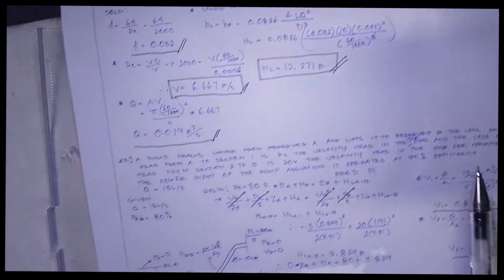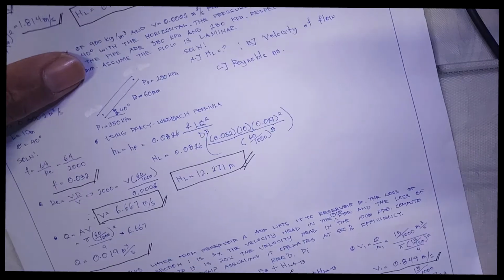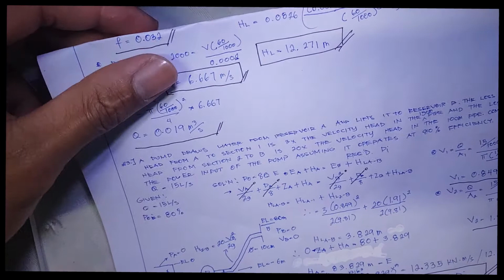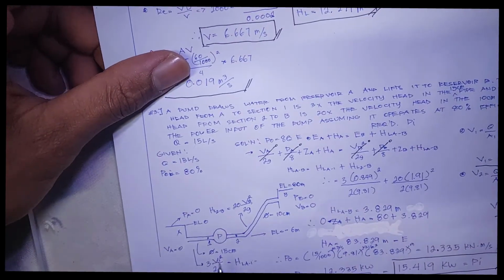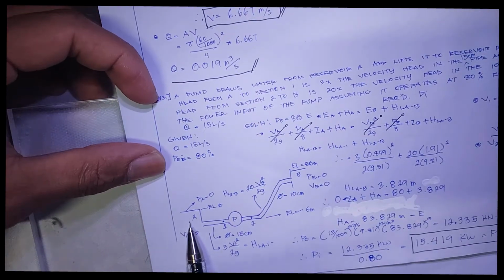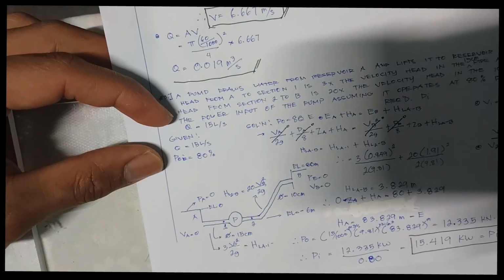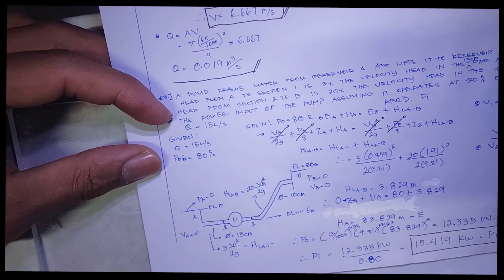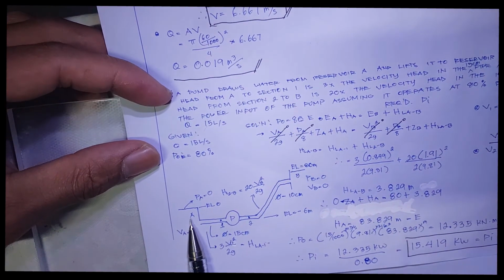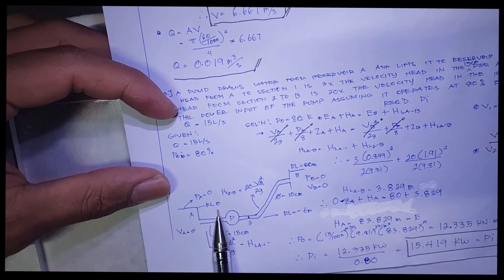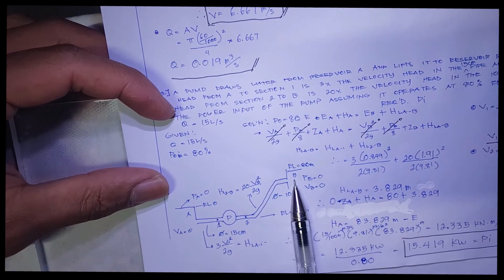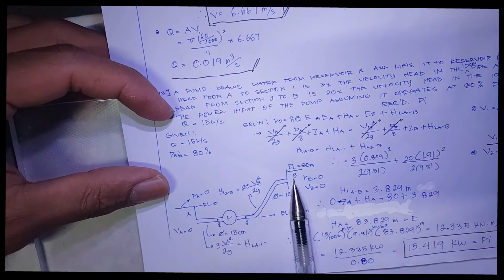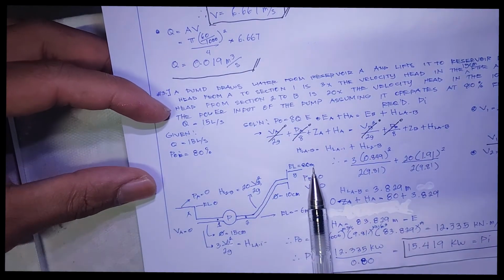So we have the figure here. The first reservoir, A, has an elevation of 0, and reservoir B has an elevation of 80 meters.